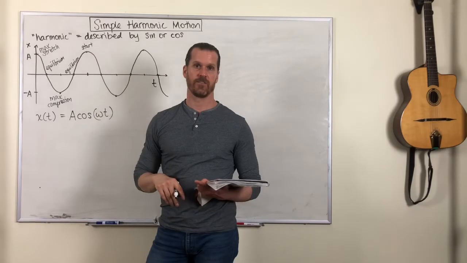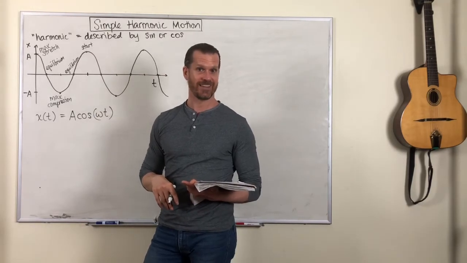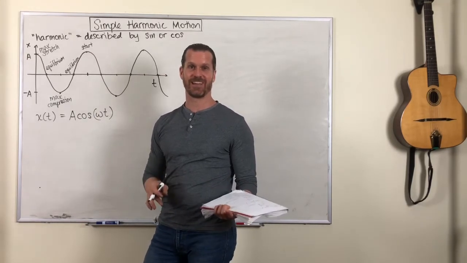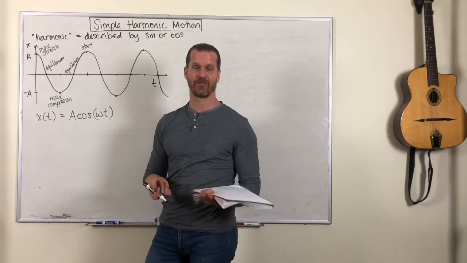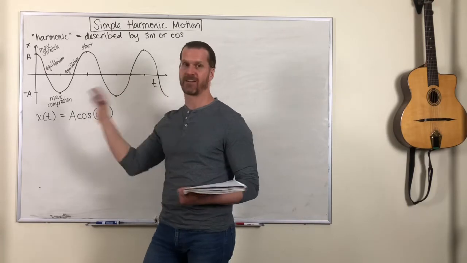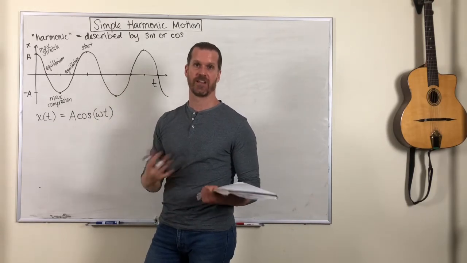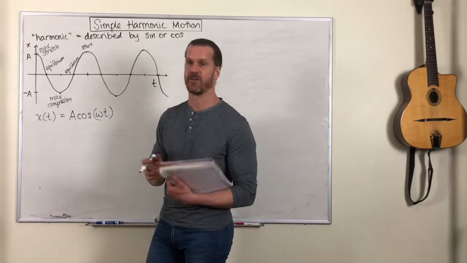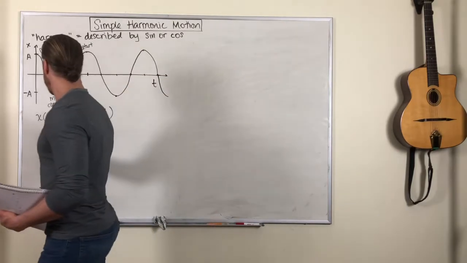Omega is called the angular frequency, and it's really similar to the angular frequency we talked about in circular motion. In fact, there's a lot of connections between this back and forth vibrational motion and circular motion that we don't have time to get into now. But omega is called the angular frequency.